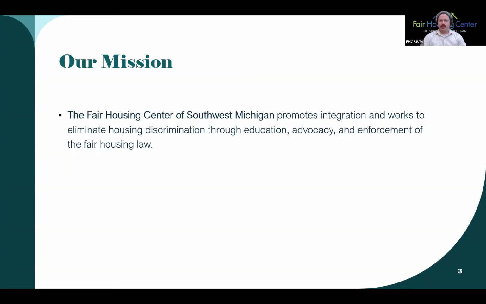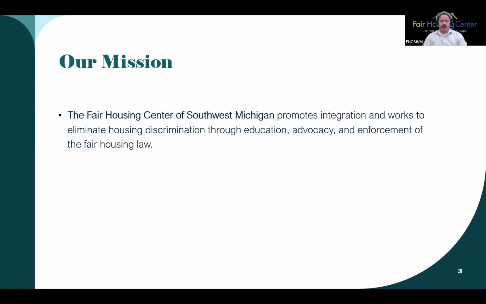And like I said, our 3 tools for this are education, advocacy, and enforcement, and that ordering is intentional. The Office of Housing and Urban Development, or HUD, estimates that annually there are 4 million occurrences of housing discrimination. Every year, only about 11,000 of those are reported.